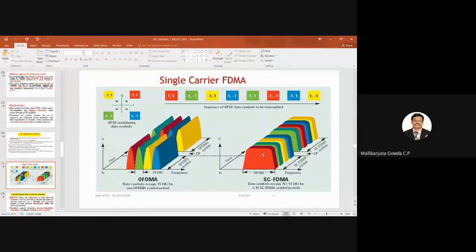That is with respect to one SC-FDMA symbol. In case of OFDMA, each user will be using a frequency of 15 kilohertz as its bandwidth over the entire one OFDMA symbol. In the time axis, it is common, but with respect to the frequency axis, they are spaced 15 kilohertz apart. Okay.